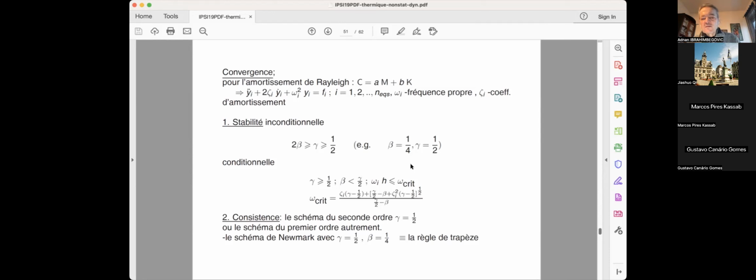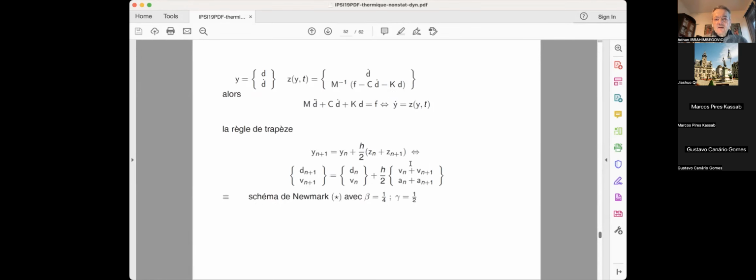If I want to exploit what we've done in detail in taking the first order system, I can take a single second order system, this equation M d double dot plus C d dot plus K d equal to f, and I can turn this into 2 times as many equations of the first order by saying that I split this, the so-called state space approach. Instead of d, I take d and d dot to be unknown variables, so I'm talking about displacement and velocities.